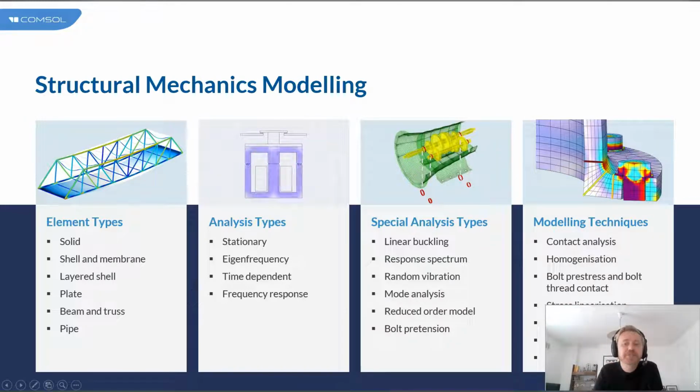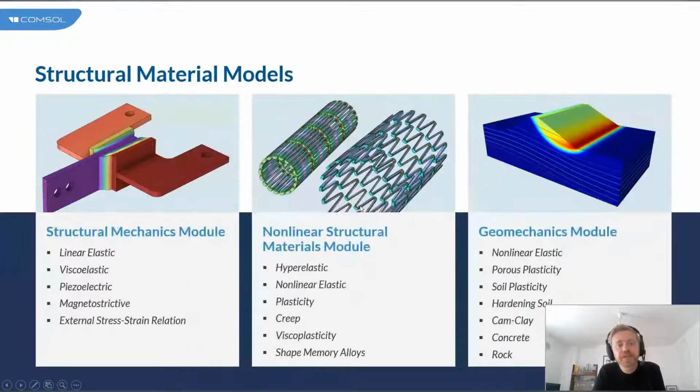You can also set up hybrid models which are composed of different element types, such as this model here, where we're combining shell elements with beam elements. In terms of material models, we have linear material models and also some multiphysics material types, such as piezoelectric materials and magnetostrictive materials, so smart materials.